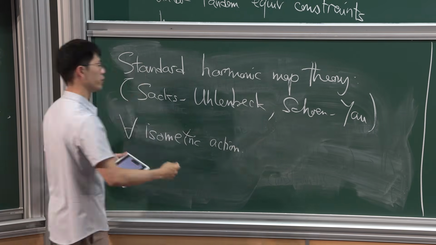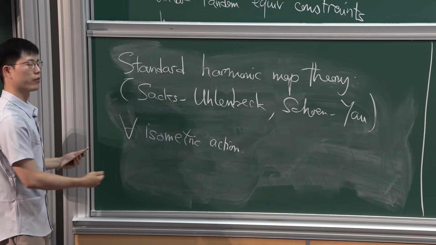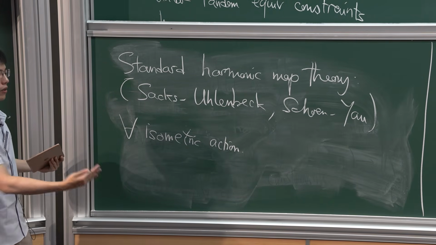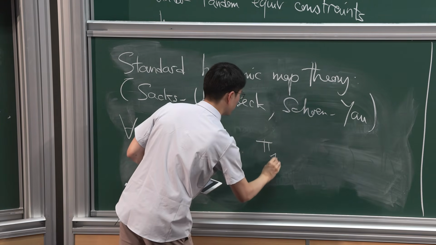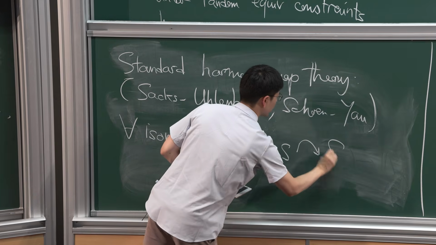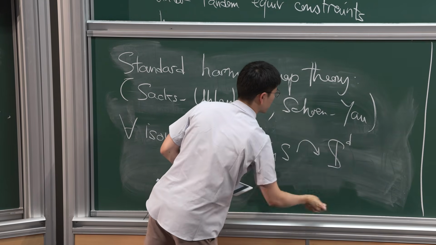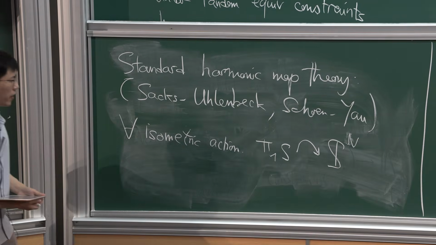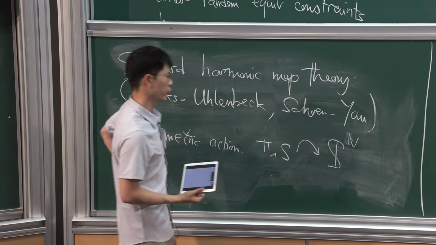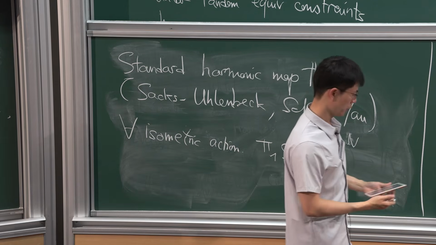So the statement tells you that from an isometric action of a surface group, you can cook up a corresponding harmonic map. So you give me any isometric action of the fundamental group of S on the sphere.